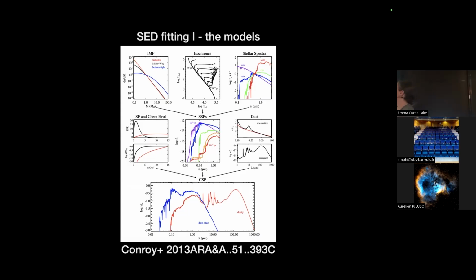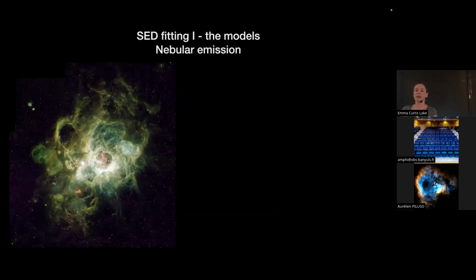But there's a big thing missing here, which back in 2013 was not included, and that's the nebular models. There's no emission lines, and there's no nebular emission at all, which is why we were getting things wrong in the beginning with how the specific star formation rate evolved. So this was a big effort that was put into motion because of the Spitzer data, but also because we knew JWST was coming, and we knew that we had to improve things.